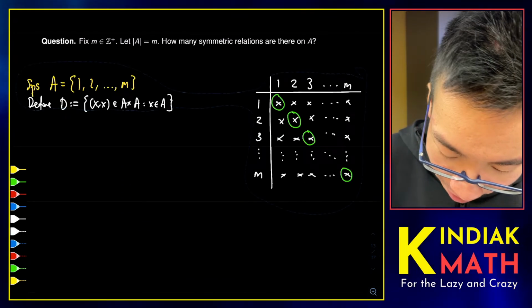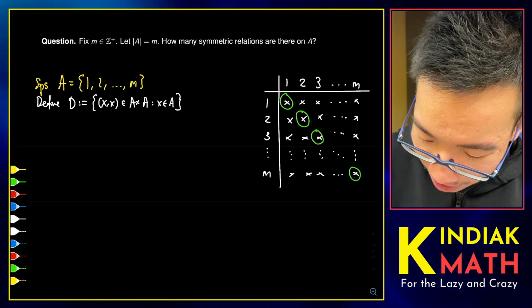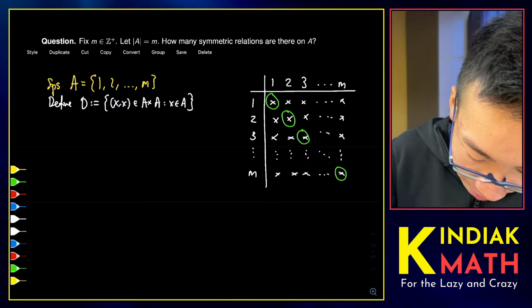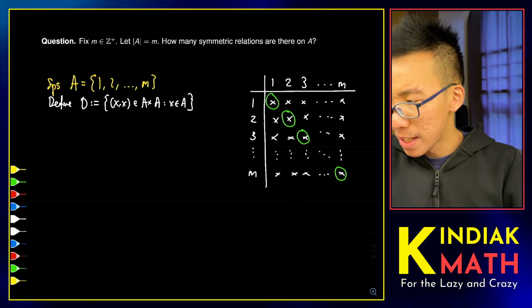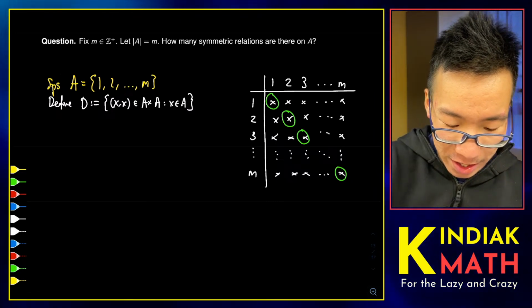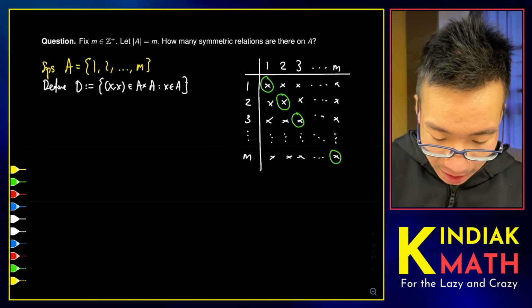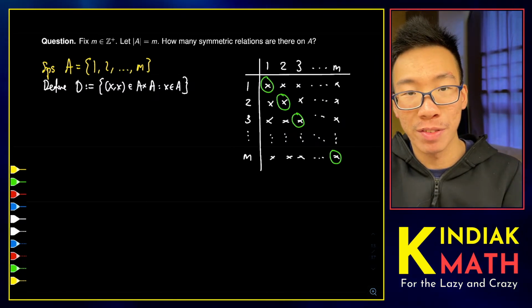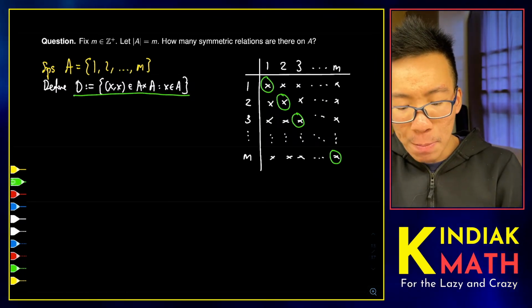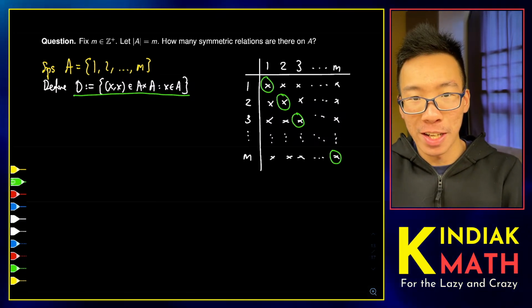Now we want to find the number of symmetric relations, and this is where fun stuff begins. Okay? Now, what we can do here is going to be a rather interesting experience. Firstly, we have A, and once again, we have the diagonal. This is the diagonal. How many symmetric relations are there on A?